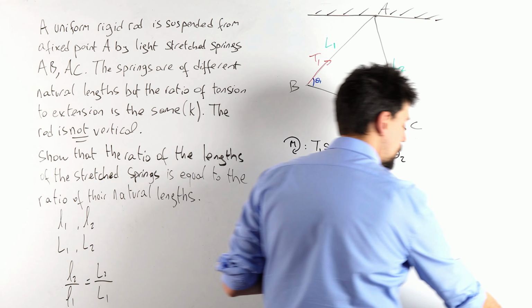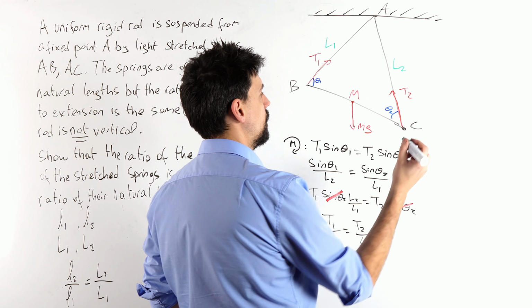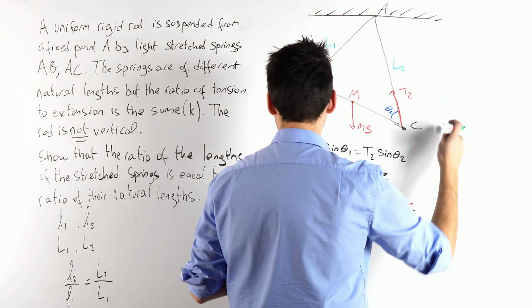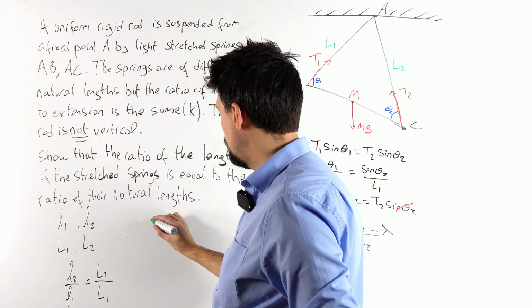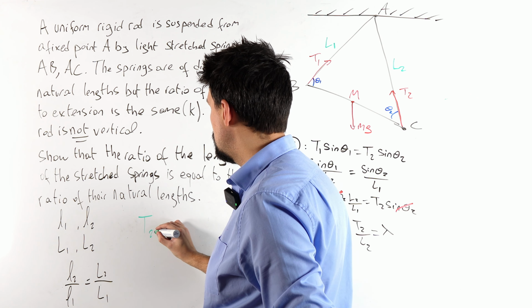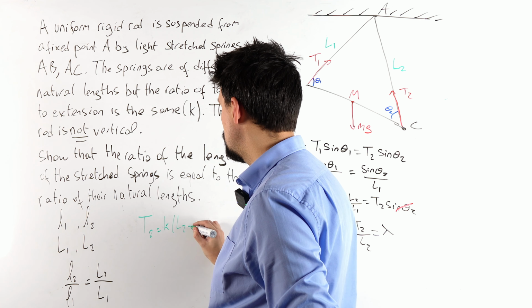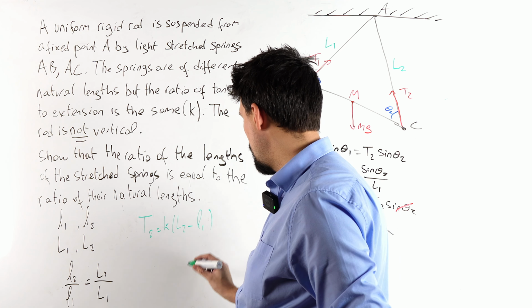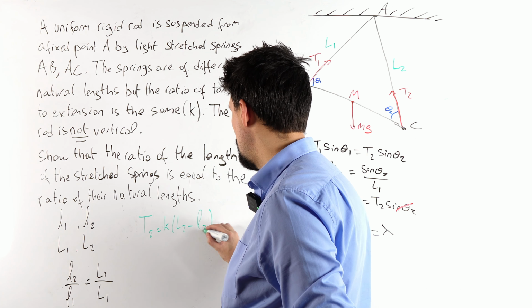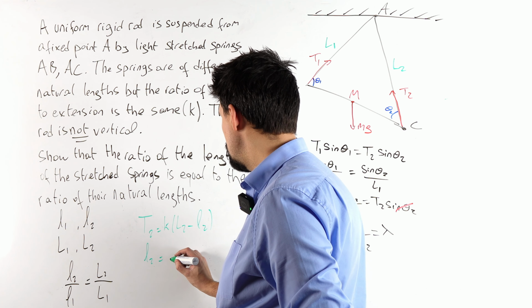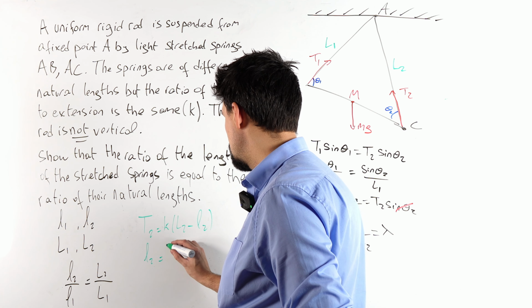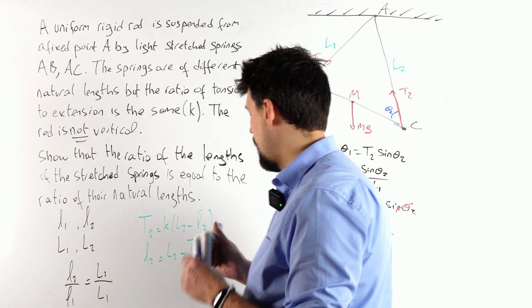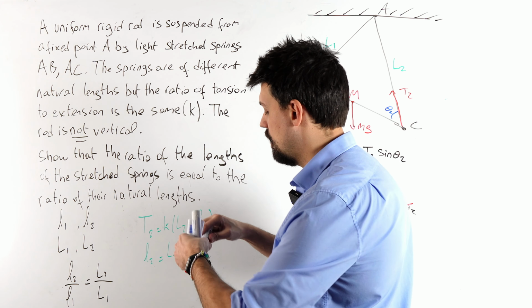That tells me that T2, let's do that down here, is K times l2 minus L2. And I can rearrange that to get the fact that l2 is big L2 minus T2 over K. And I can get that same relationship for the other spring.